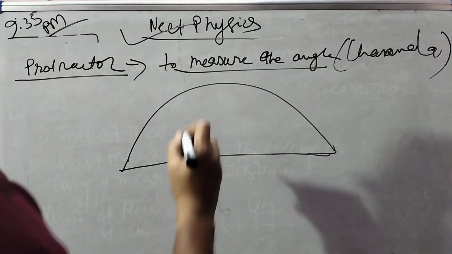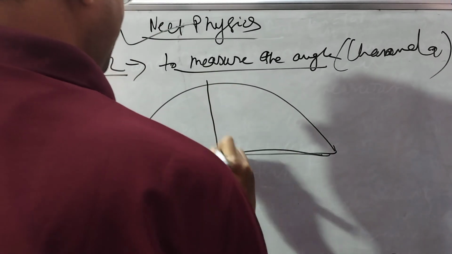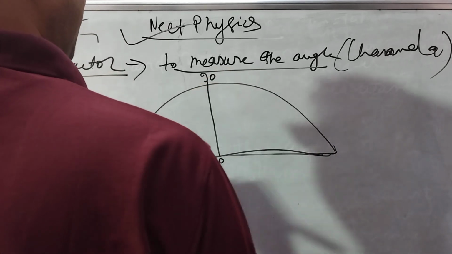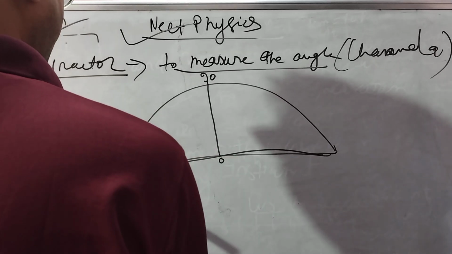In English it is called a protractor. There is a line, and this is 0, this is 90, and this is also 0 or 180.